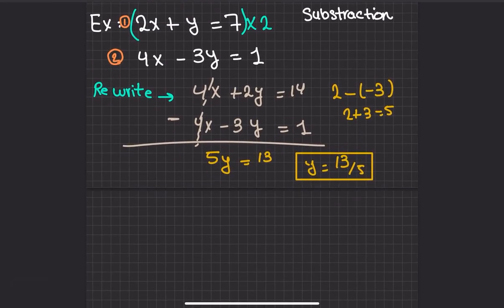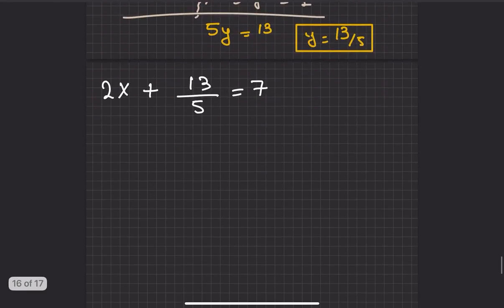So I'm gonna write down 2x plus 13 divided by 5 equals 7. It's gonna be 2x equals 7. I'm gonna move this one to the right side, so it's gonna become a negative number, minus 13 divided by 5.